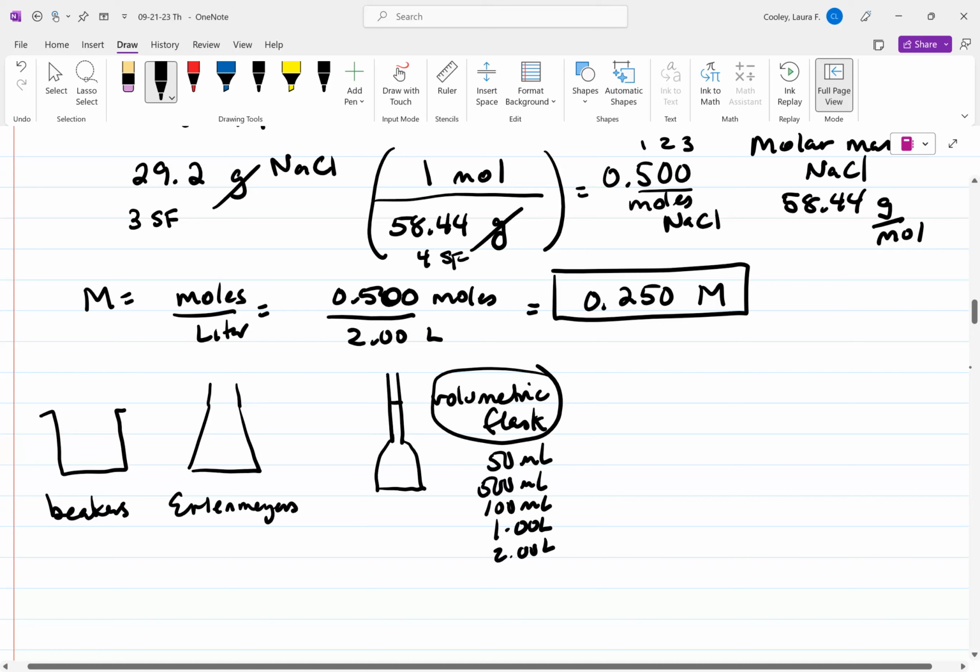So you might ask, why does it have that narrow neck? What is the purpose of that? The purpose is, if you're going to make a little mistake with how far you fill it, you'd rather it was a very narrow neck so that your mistake isn't really amplified. If you fill to a mark over here, and the meniscus is huge, the top of the surface dips in the middle. It's very hard to tell if it's actually on the line.